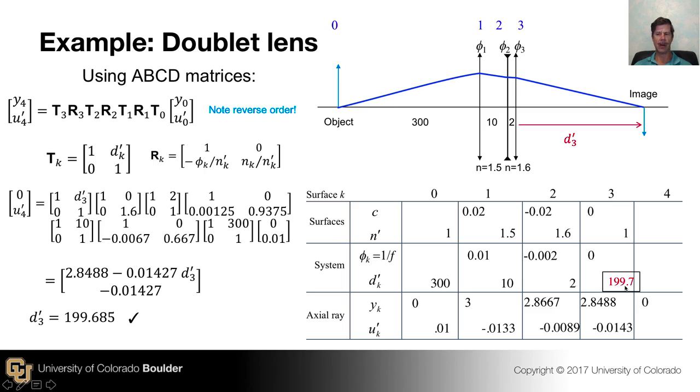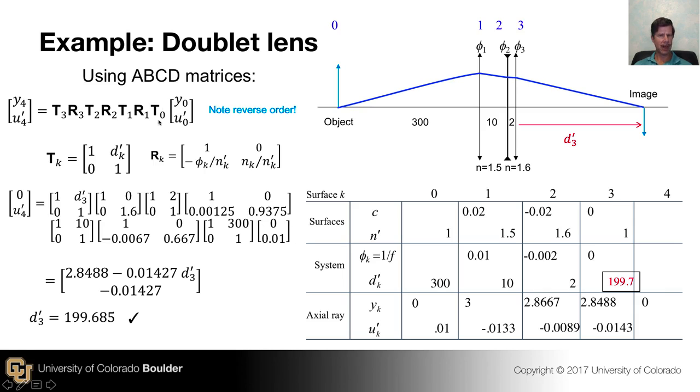So let's do that now with the ABCD matrices. In the tabular method, I chose to put into my table that I launched a ray from the object, surface 0, with 0 height and an arbitrary ray angle of 0.01. In the ABCD method, I will choose an initial 2-element vector, 0 and 0.01, and so that's right there.